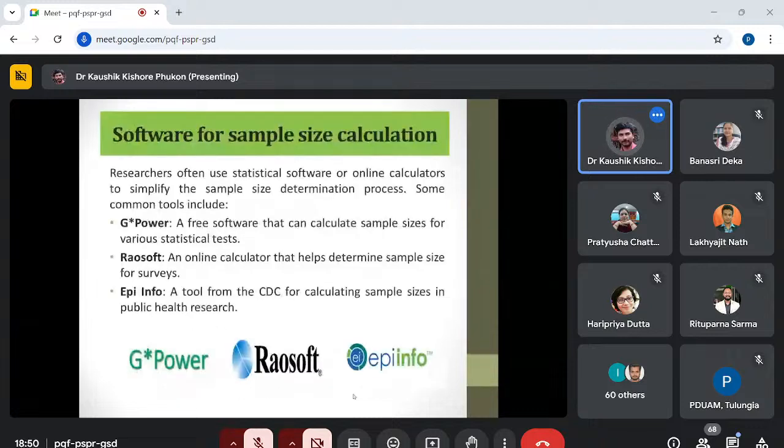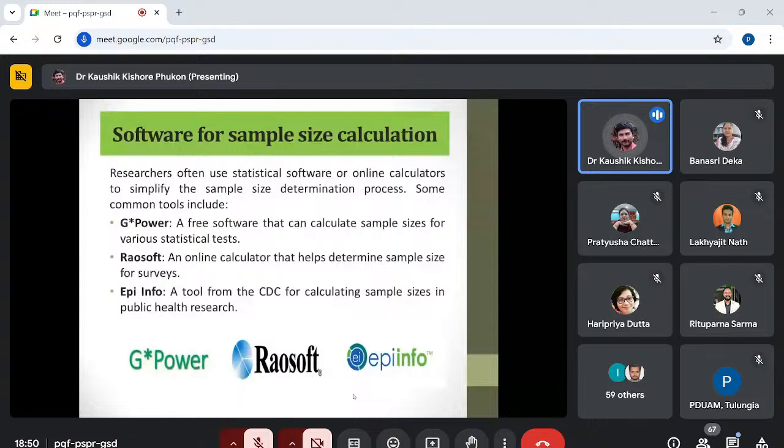Then software. Different softwares are there using which we can determine a sample size. To name a few, G*Power, a free software that can calculate sample sizes for various statistical tests. Then Raosoft, an online calculator that helps determine sample size for surveys.